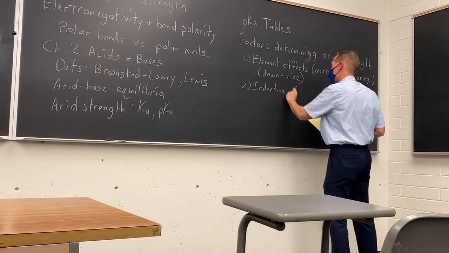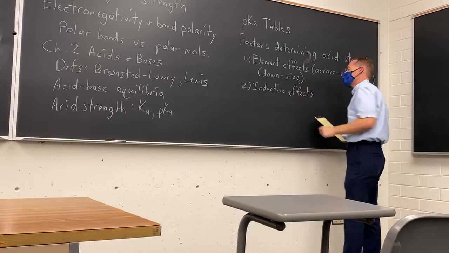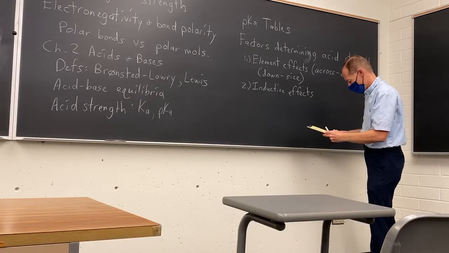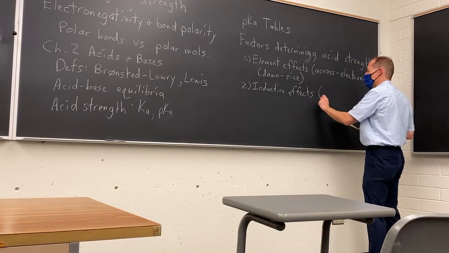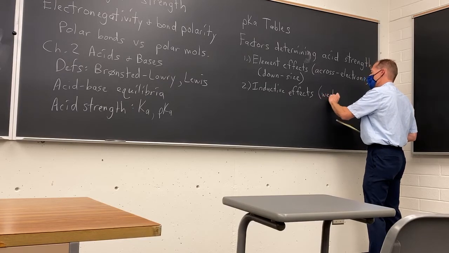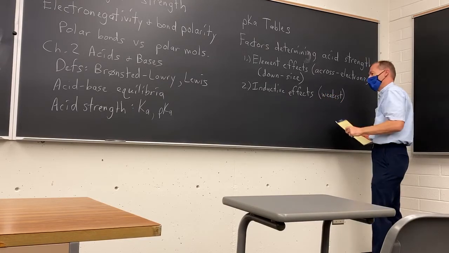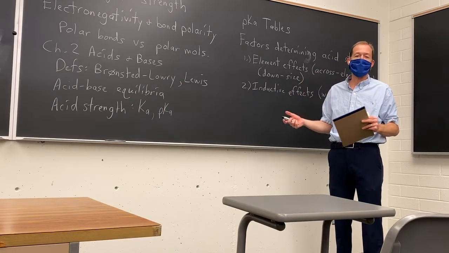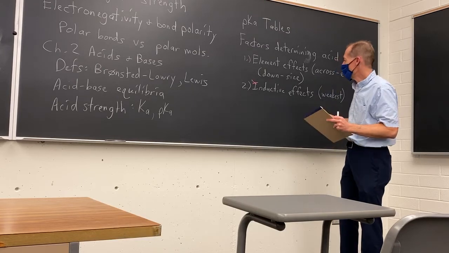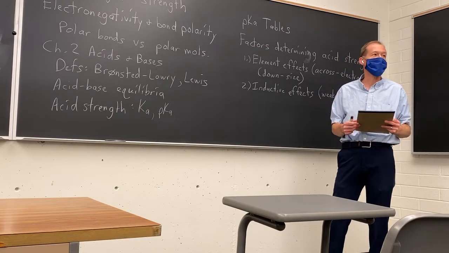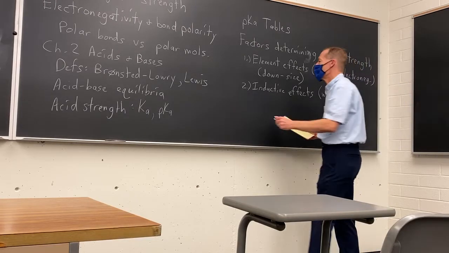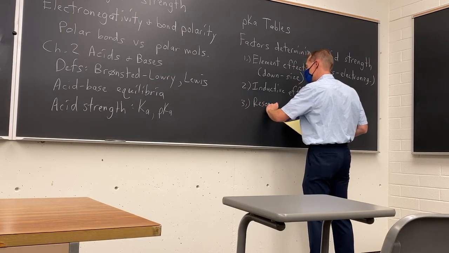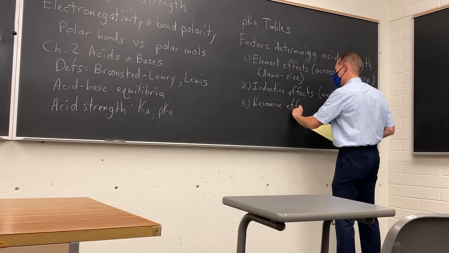Then we have inductive effects. Inductive effects occur when we have electronegative heteroatoms elsewhere in the molecule, ones that are not bonded to our acidic hydrogen. And remember, we said that inductive effects are the weakest of our 4 effects. All 3 of these others can have very, very strong, very dramatic impacts on acid strength, but inductive effects have a more modest effect on relative acid strength. Then we had resonance effects. These can be very strong.